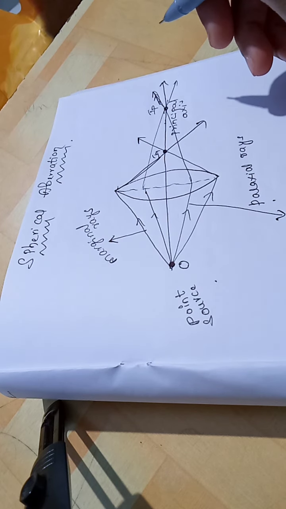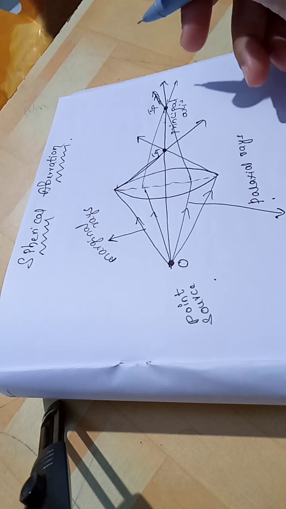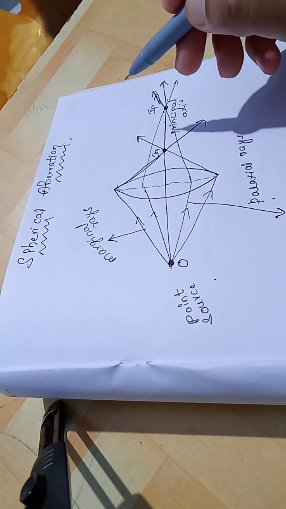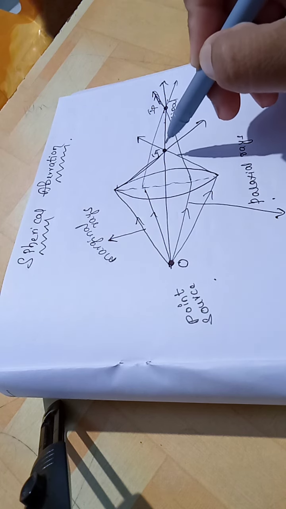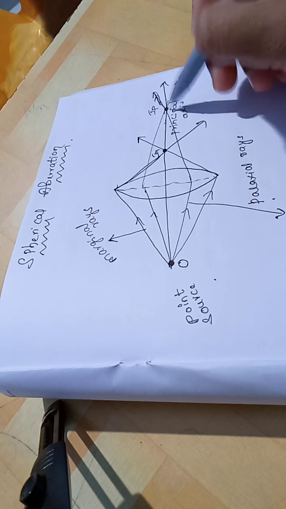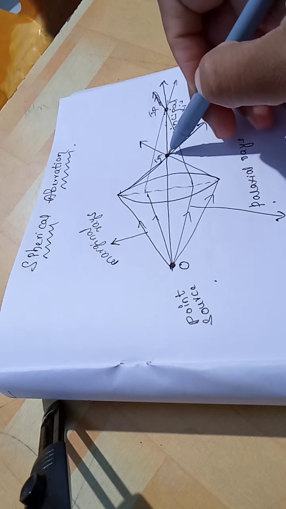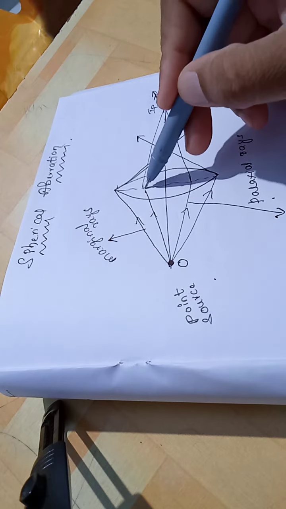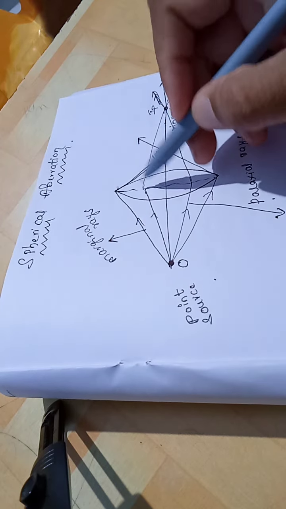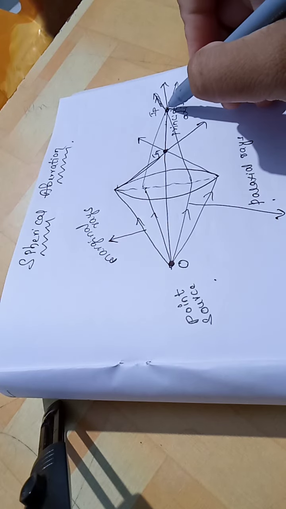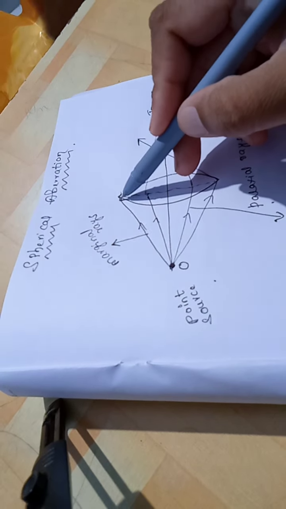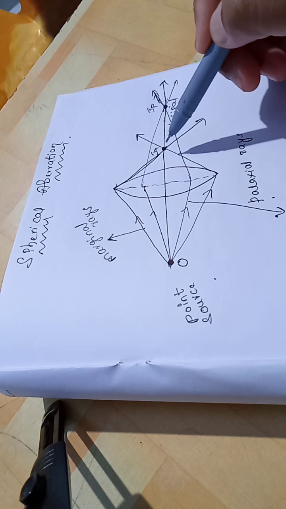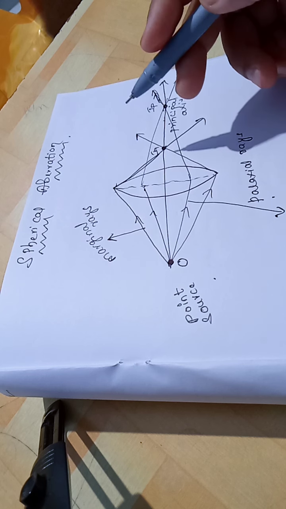The intermediate rays will come to focus between IP and IM. So paraxial rays form their image at IP, marginal rays form their image at IM.